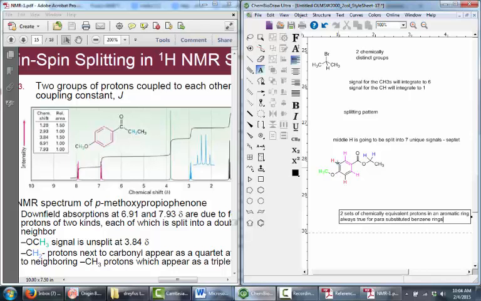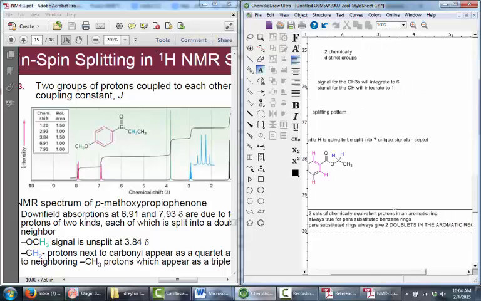The chemically equivalent ones do not split each other, but the red protons are going to be split into a doublet because they're close to the purple. And the purple is going to be split into a doublet because of its proximity to the neighboring protons, the red protons. So these split each other now into a doublet. So para-substituted rings always give 2 doublets in the aromatic region.